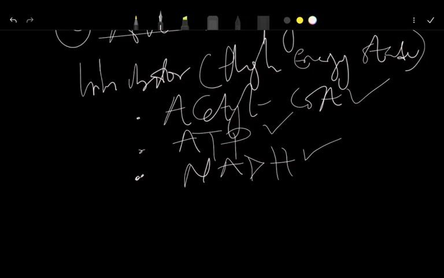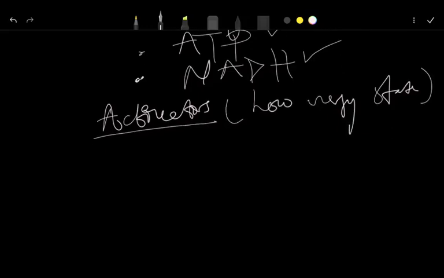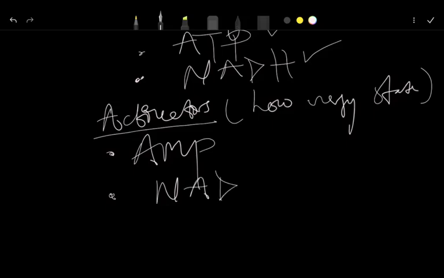Now, what are the activators? This will be the low energy state. So what are the things that are of low energy state? What is the opposite of ATP? ADP, right? What's the opposite of NADH? NAD, right?